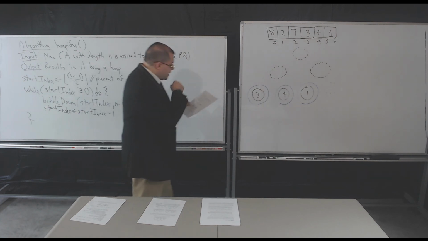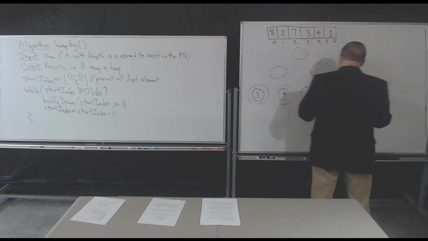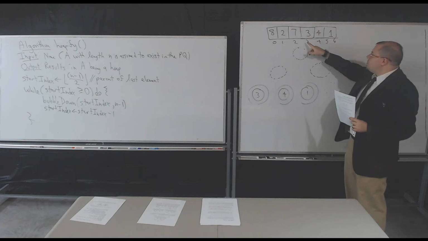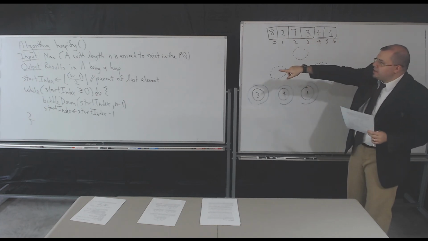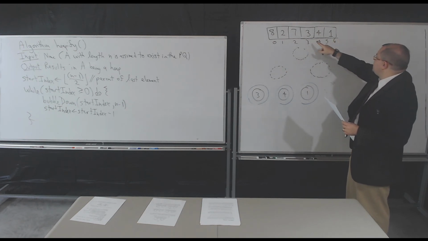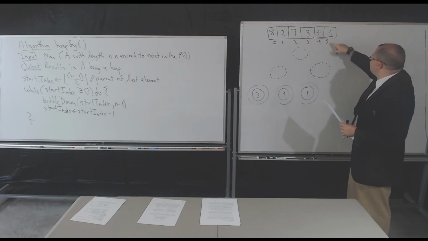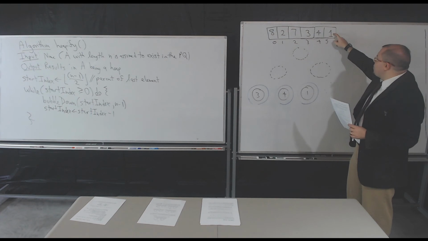So now I'm going to consider something interesting here. I'm going to have my start index. Remember, that's the parent of the last element. What's the parent of 1, 2, 3, 4, 5? Oh, for some reason I put a 6 here. That's strange. Anyways, the parent of 1 is which one?